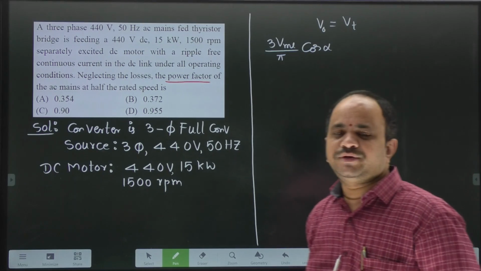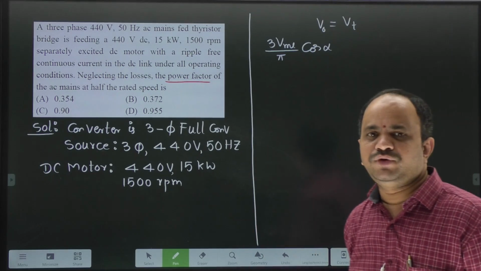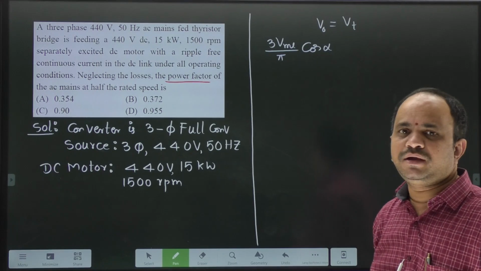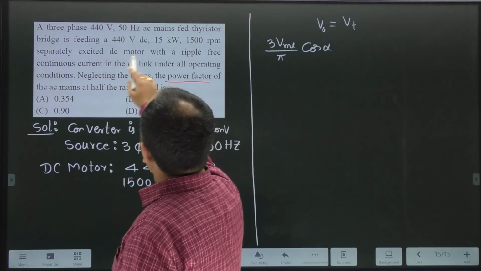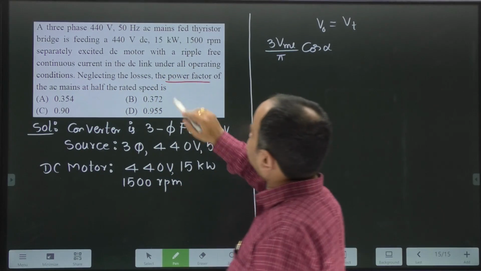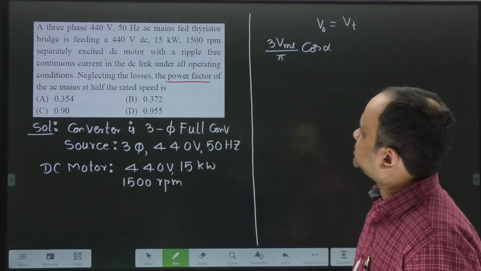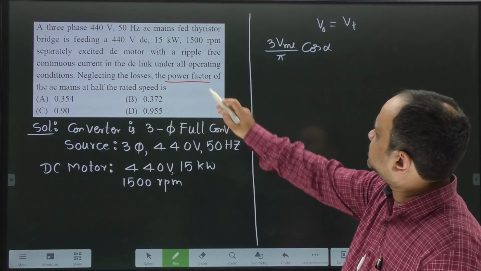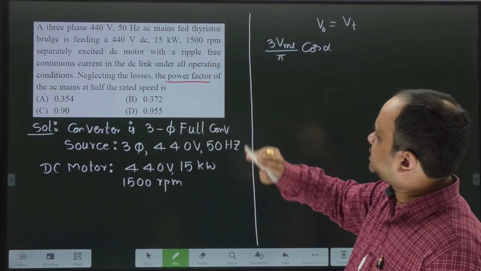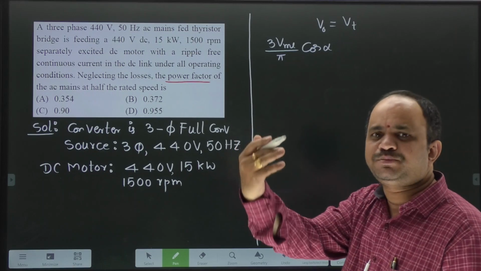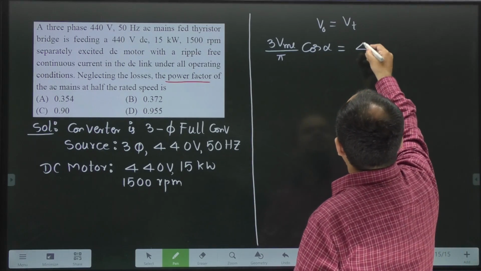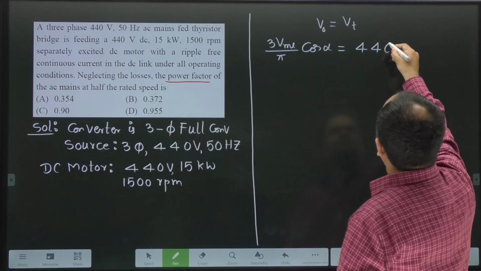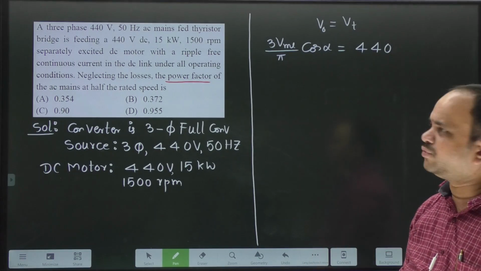Output voltage of a 3-phase full converter, as we learned in the rectifier chapter, is 3 VML by pi cos alpha. Now, it is operating under rated conditions, which means the terminal voltage of the motor is 440 volt and the converter is providing that 440 volt. So Vt is equal to 440 volt.